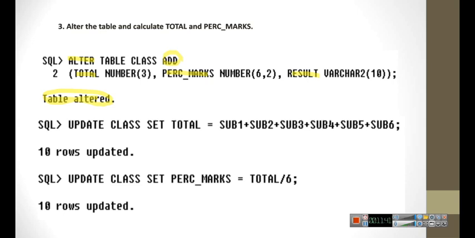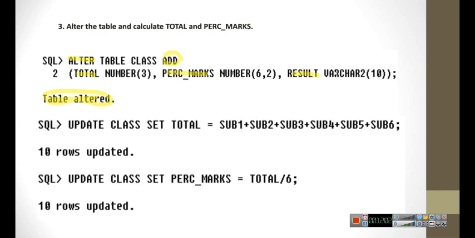If the student scores 35 or more than 35 in all the subjects, then he is pass. If in any one subject he has got less than 35, then it is fail. So that condition we are going to use here.